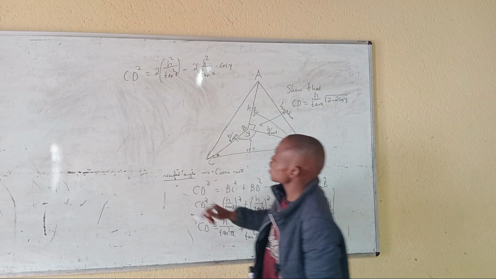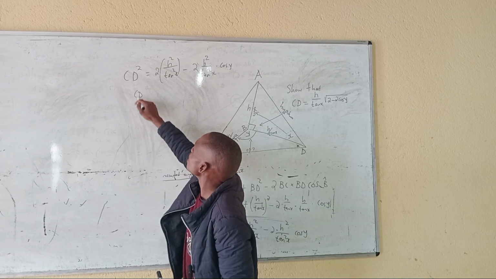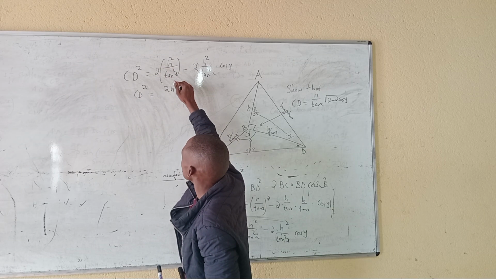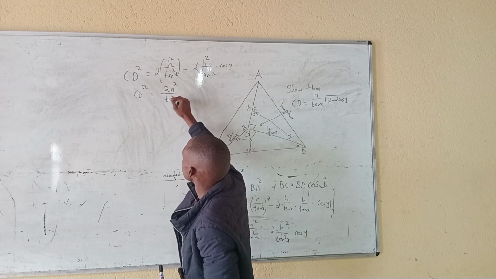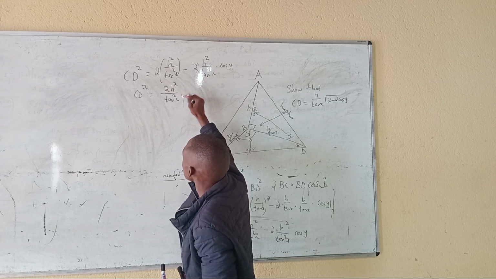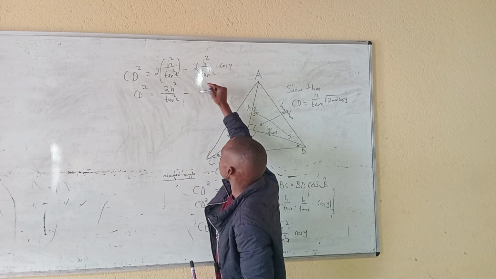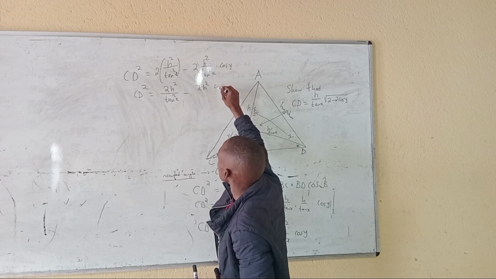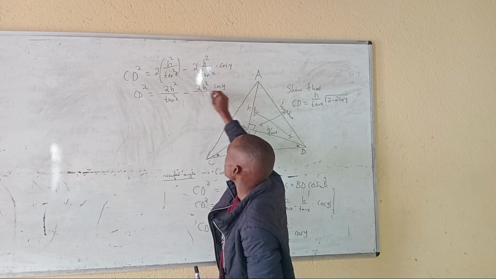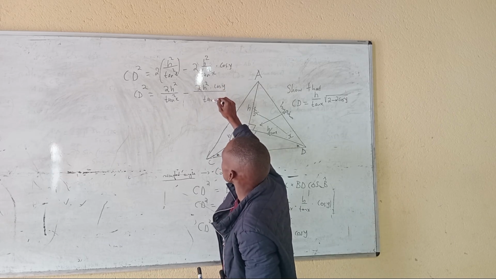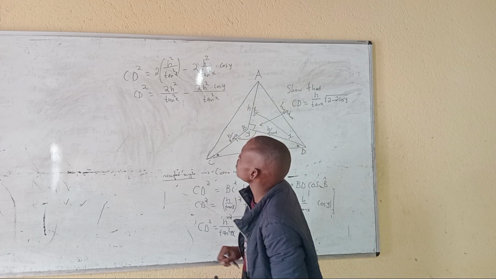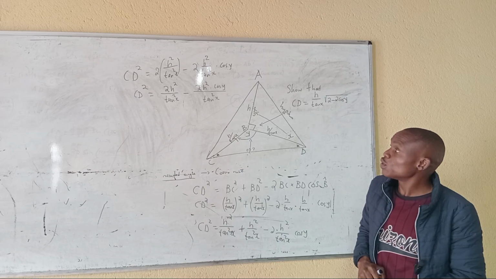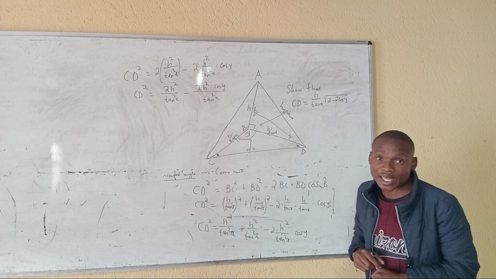This is actually the same as 2H squared over tan squared x minus 2H squared cos Y over tan squared x. Okay, the denominator is the same, so we can add the numerators.